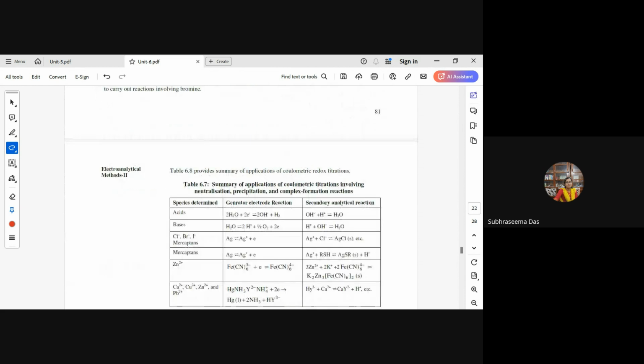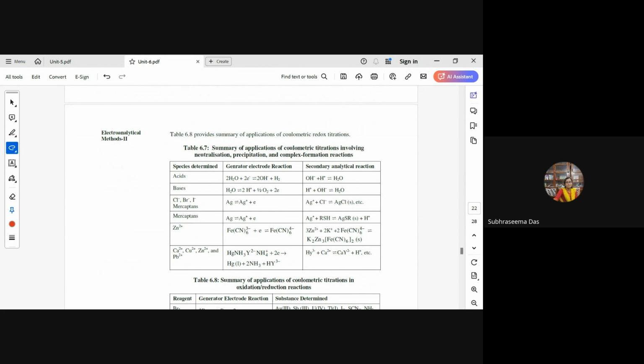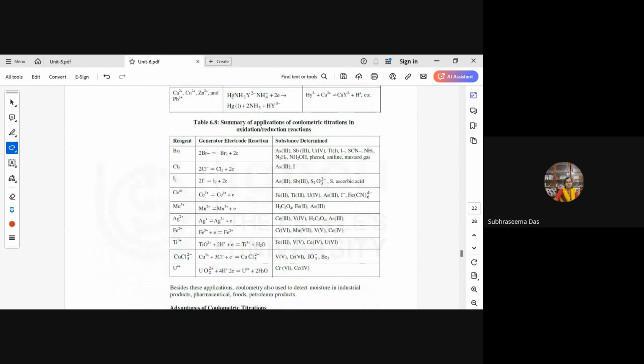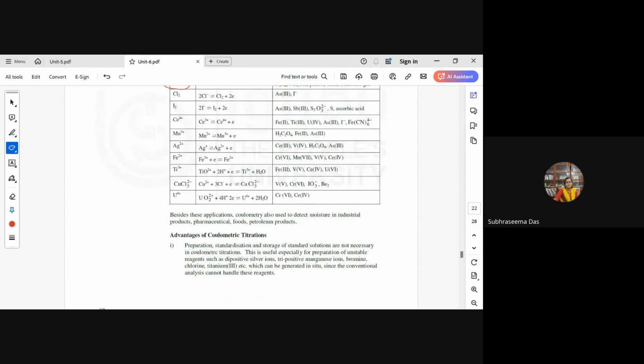Table 6.7 provides applications involving neutralization, precipitation, and complex formation reactions. And table 6.8 shows the applications of coulometric titration in redox reactions. The generation of bromine is one of the most widely used applications of redox coulometric titration.